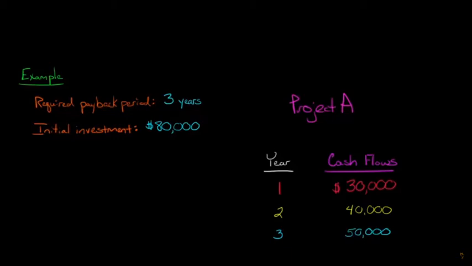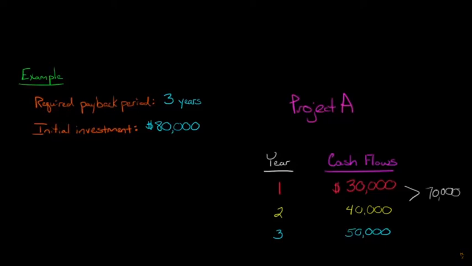So then the question is, we have to calculate the payback period of this project. How quickly does this project pay itself back? We're going to see that in year 1, this project has a cash flow of $30,000, and in year 2, it's $40,000. So between year 1 and year 2, we're receiving a total of $70,000.